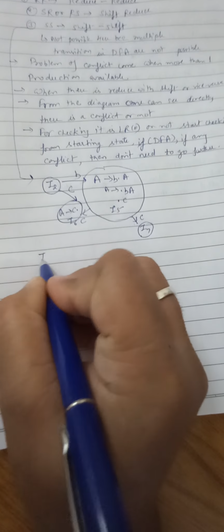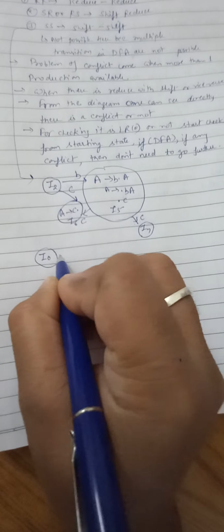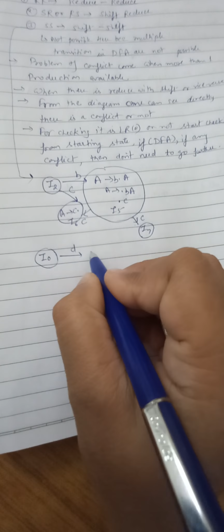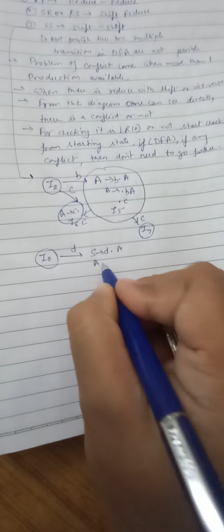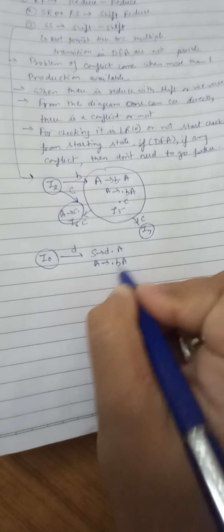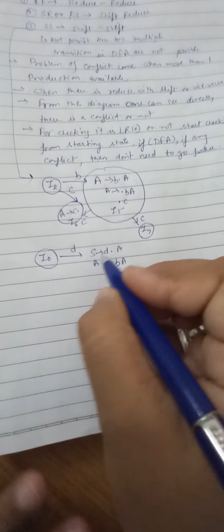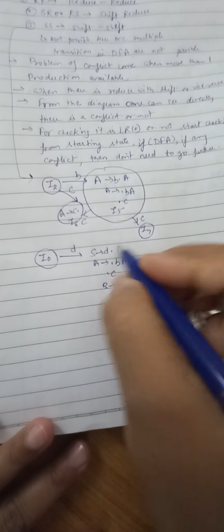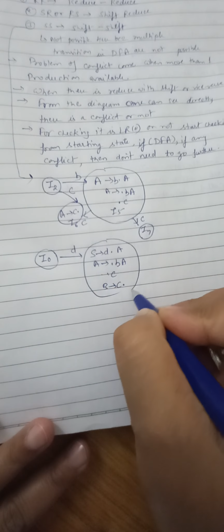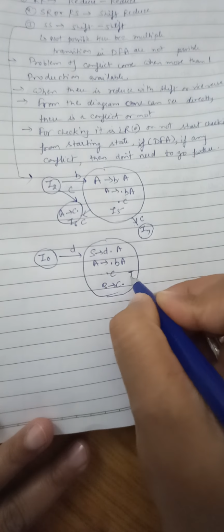Another one: suppose from I0 for the D transition, we are going to S tends to D dot A, A tends to dot B A dot C, and we are also having B tends to C dot in this. This is I2.